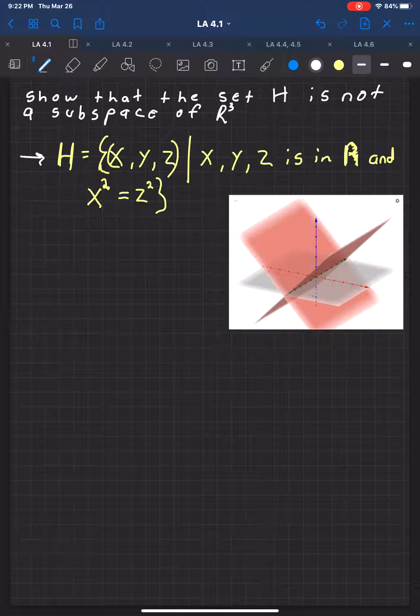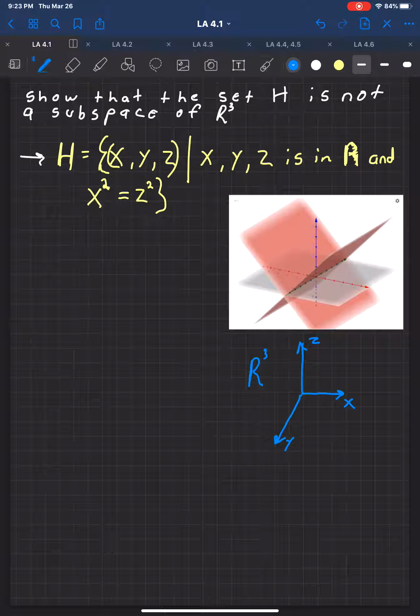In this case, just working on our vocabulary a little bit, what is R3? Well, R3 is all the points that are in space. That's our vector space. Our vector space consists of every single three-dimensional point, every x, y, z point.